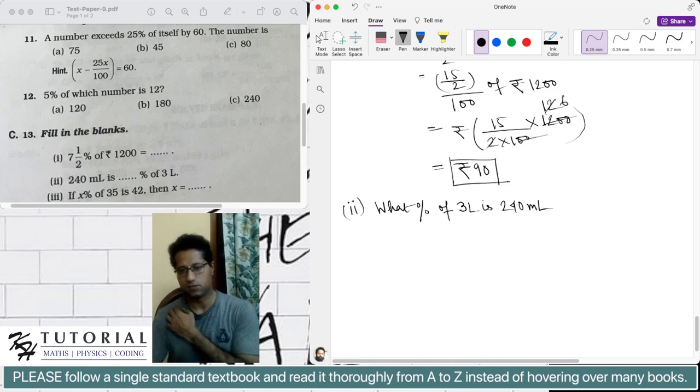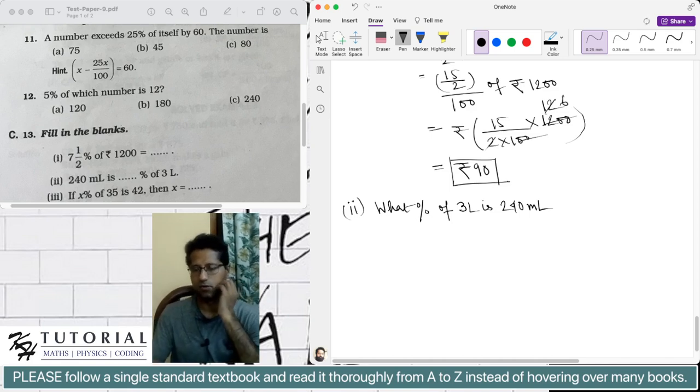Now the two quantities 240 milliliter and 3 liter are of the same type, that is volume, but one unit is in liter and the other unit is in milliliter. So it's better we convert the larger unit to the smaller unit.